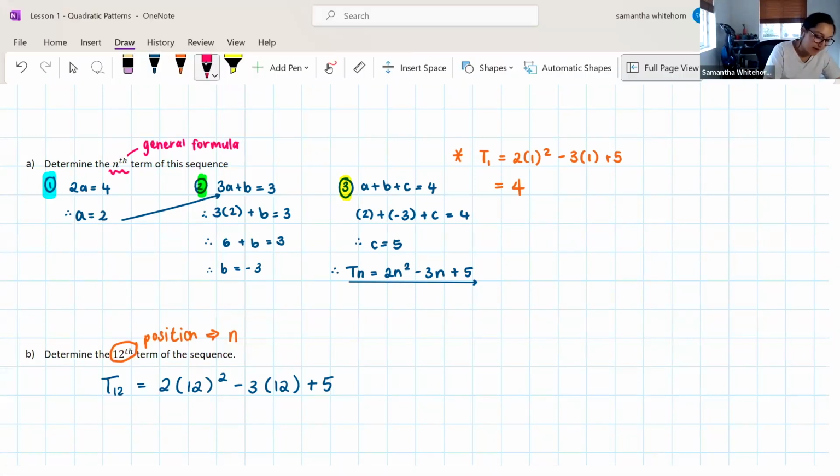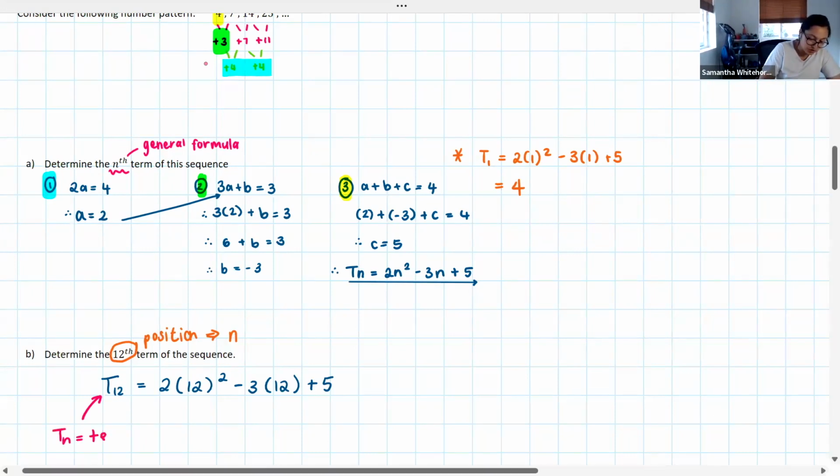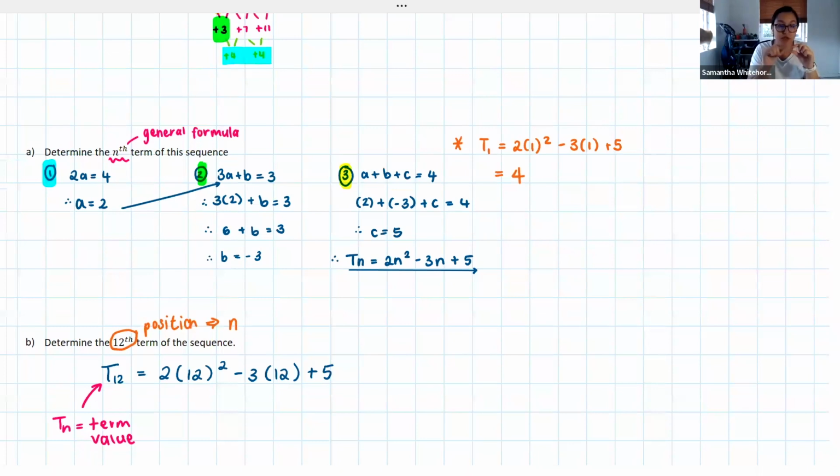Another part of our notation is this whole T thing. We did learn it in grade 11, but this is essentially a notation to say the value of a term. So Tn is your term value. In our sequence, what was it? 4, 7, 14, 25, etc. If we now have in our subscript, that little number at the bottom, an actual number, like Clefo said here, T12, we're saying the value of a specific term, in this case the value of term 12.